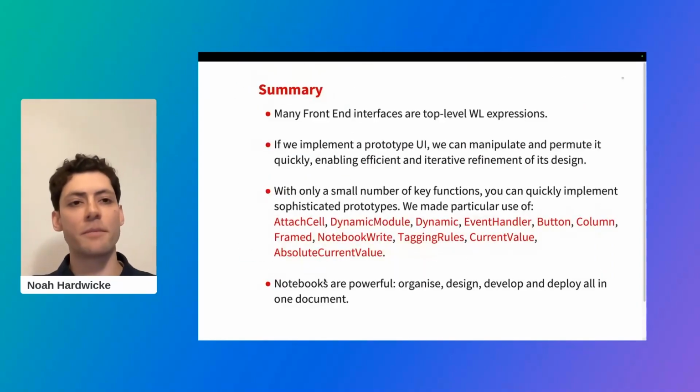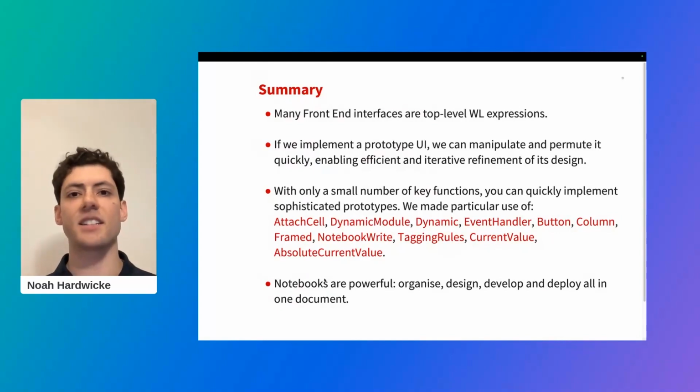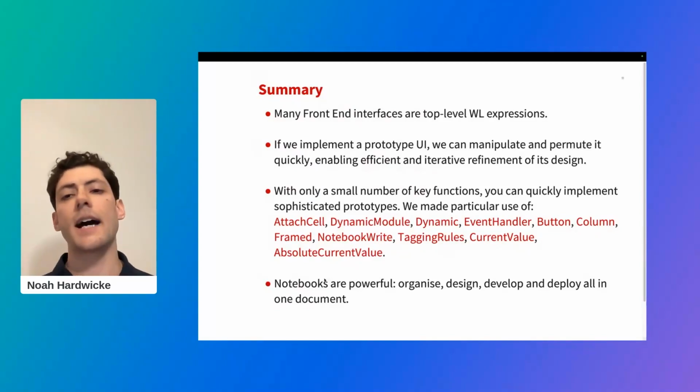So, in summary, we saw how the vast majority of front-end interfaces are actually written in Wolfram Language. They are top-level expressions. What this means is that if we are able to implement a prototype UI, which we were able to do in very few lines and very quickly, then we can manipulate it and permute it in situ.